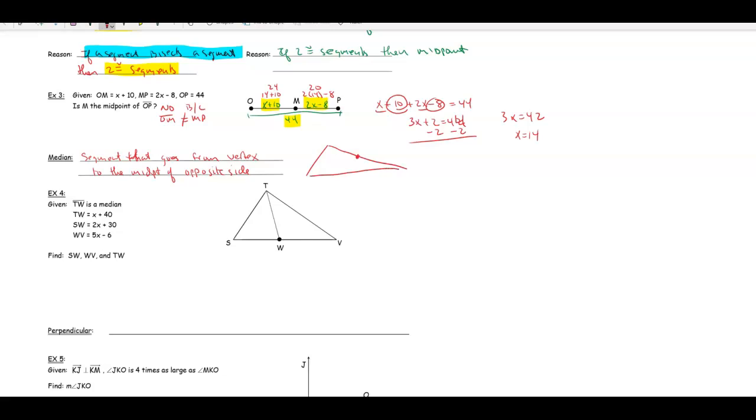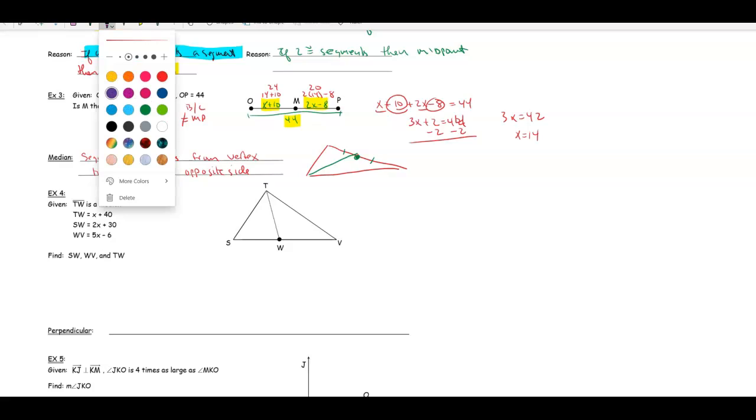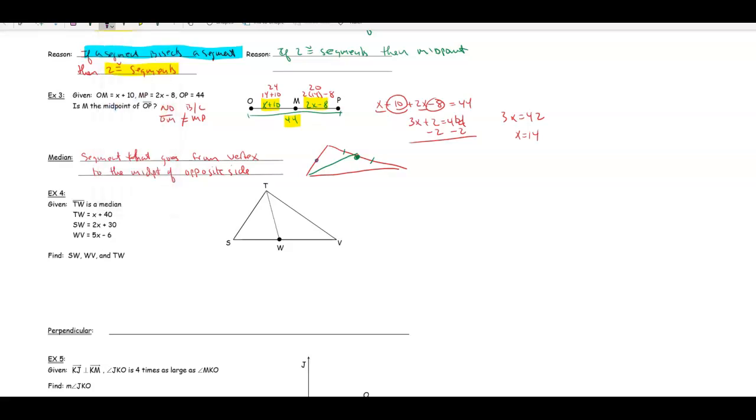If I find the midpoint of this side and draw this in, that is a median. Then if I find the midpoint of this side and draw this in, that would be a median. And again, I can draw a third one, find the midpoint of this side, and that would be a median. So basically a median gives you midpoint.